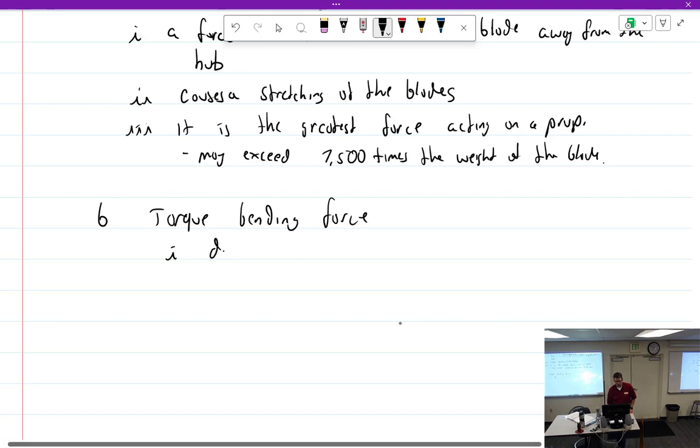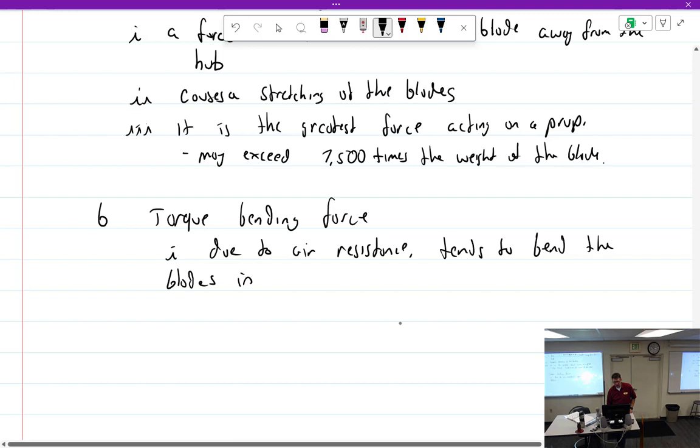Due to air resistance, it tends to bend the blades in a direction opposite rotation.